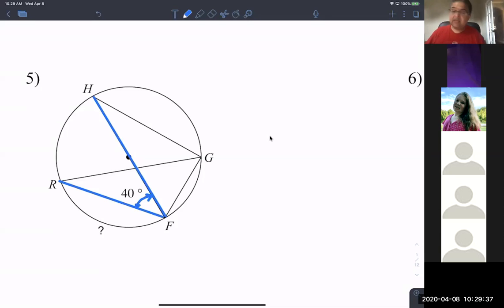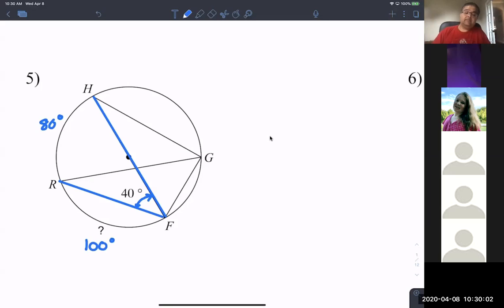Okay, so what is the associated intersected arc? RH. So if the angle is 40, what does that make the arc? 80. And so the other arc would be 100, right? How'd you get it?